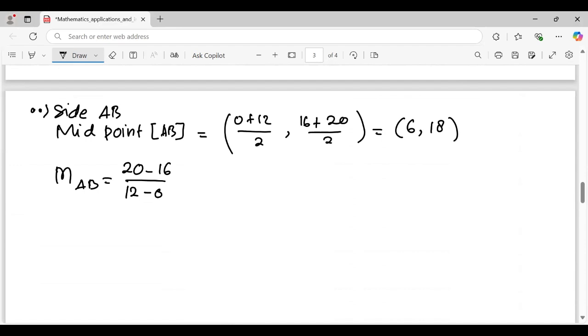So that's why it is positive. 4 over 12, simplified to 1/3.